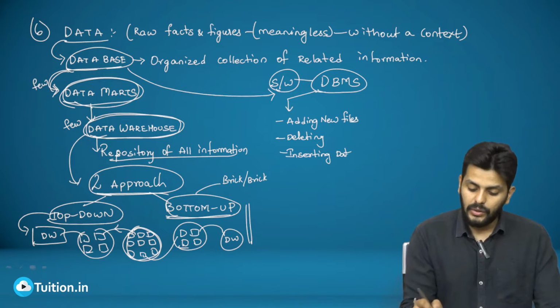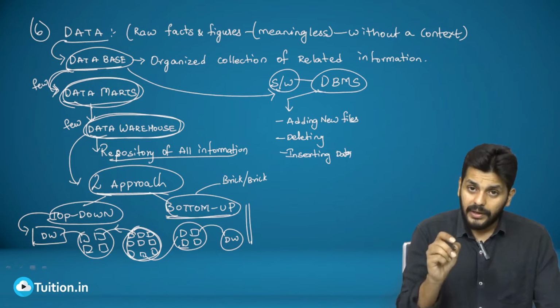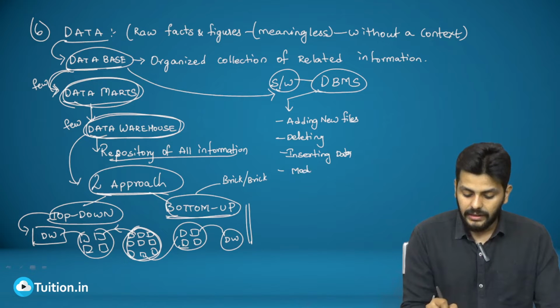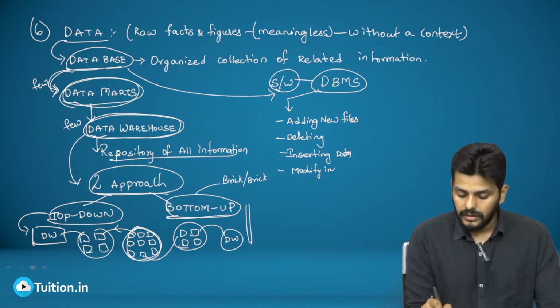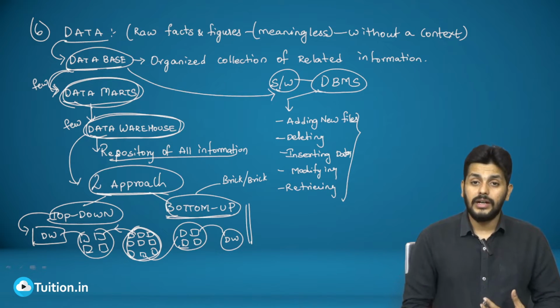Adding a completely new file is this, but when you say inserting data, it means you're doing it into a particular file. Inserting data, modifying data, and retrieving. Retrieving is to get back the data that is stored. So all these are actions performed using a DBMS.